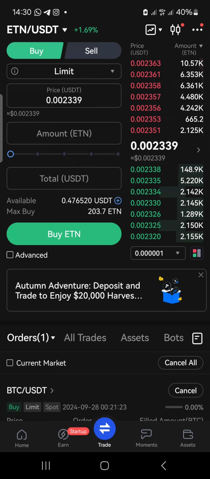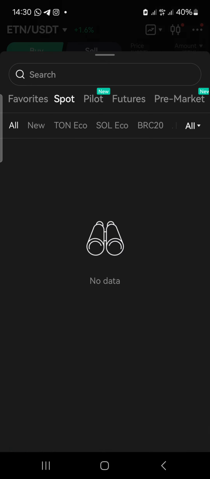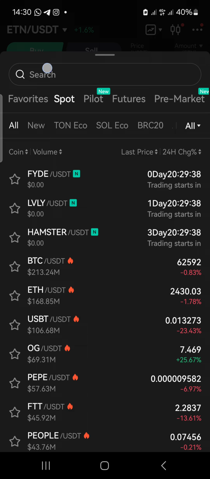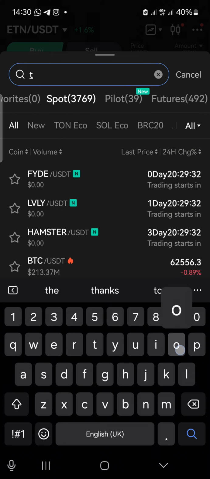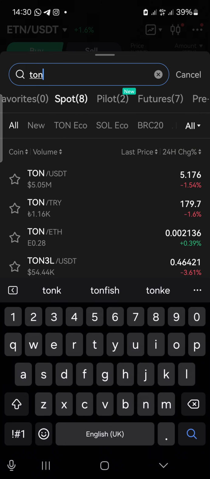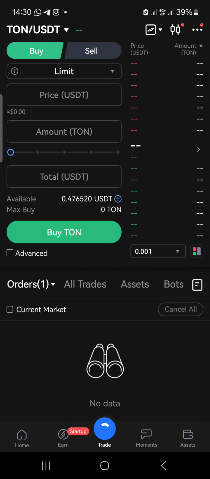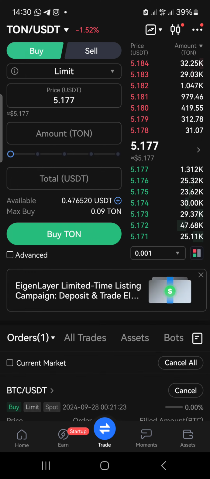Every coin has a short name, and you type it on top of this place, just like every other exchange. If it is TON you want to trade, you type TON on top here. You see TON USDT, you click on it.